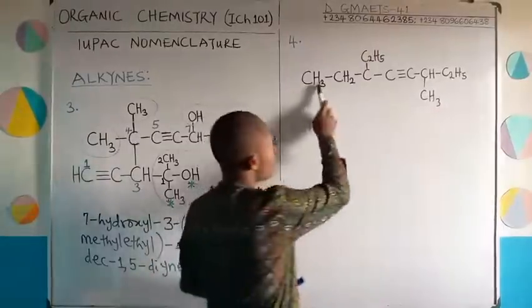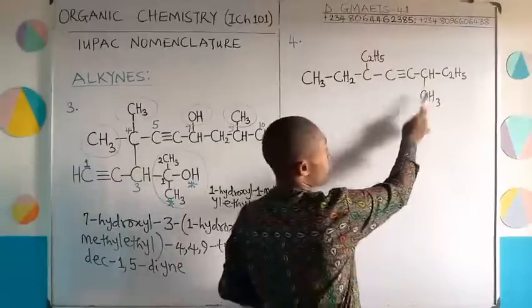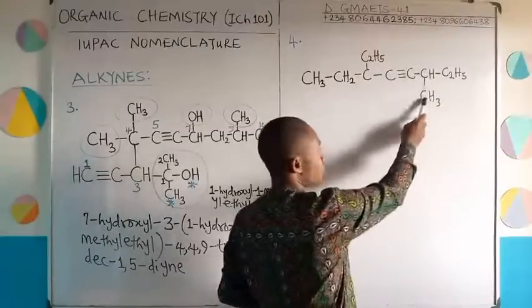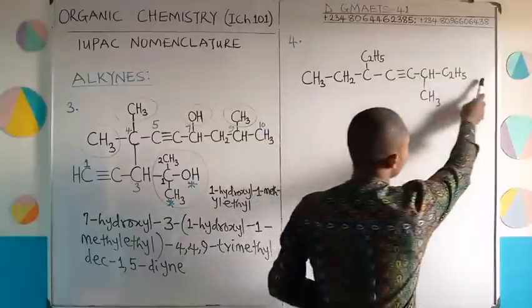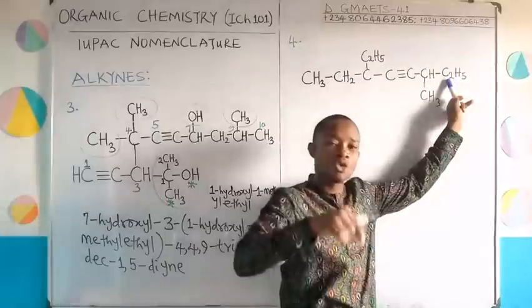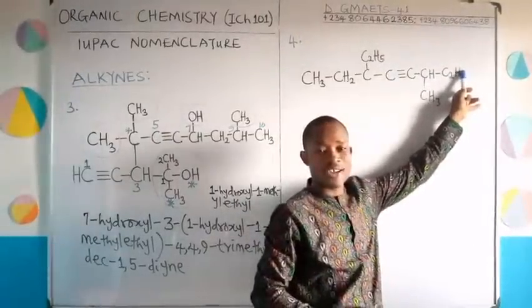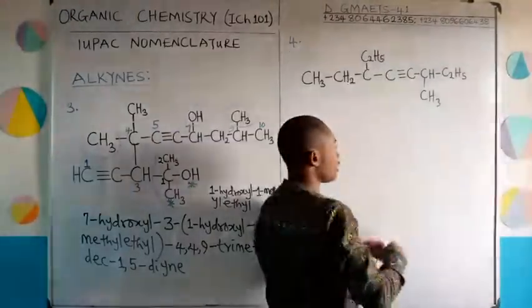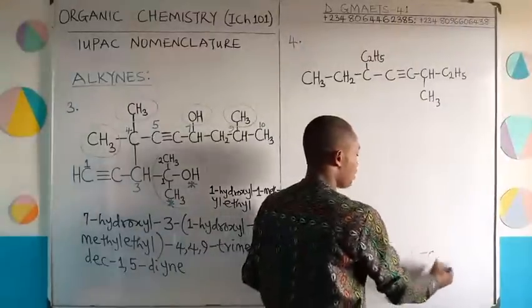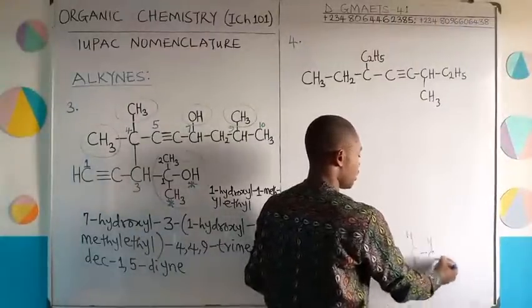Let's find out. 1, 2, 3, 4, 5, 6, 7. This is carbon number 6, this is carbon number 7. What if we go this way? This is carbon number 6. Take note please, this is C2H5. So there are two carbon links here. Are you following right? It's just like having carbon, carbon, and then 5 hydrogens distributed around them.